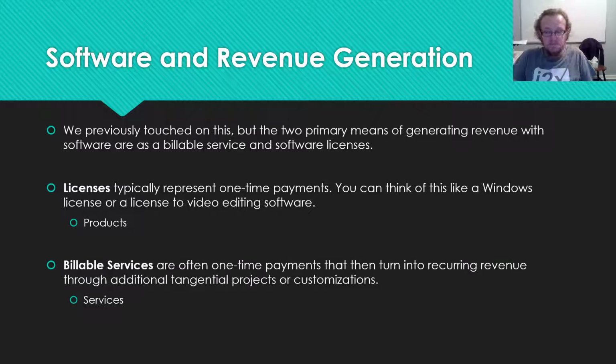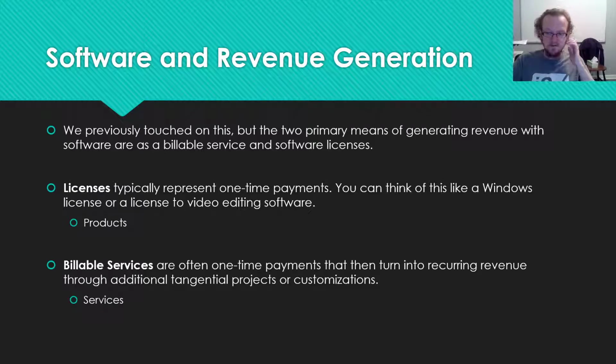The other one is through a billable service. So we've talked about customization concepts. We've talked about how many, I hate the term, but headhunting consultancies basically take software engineers and they place them with government agencies, and then the government agency uses you as a member of their software team, but you're basically leased from some other company.